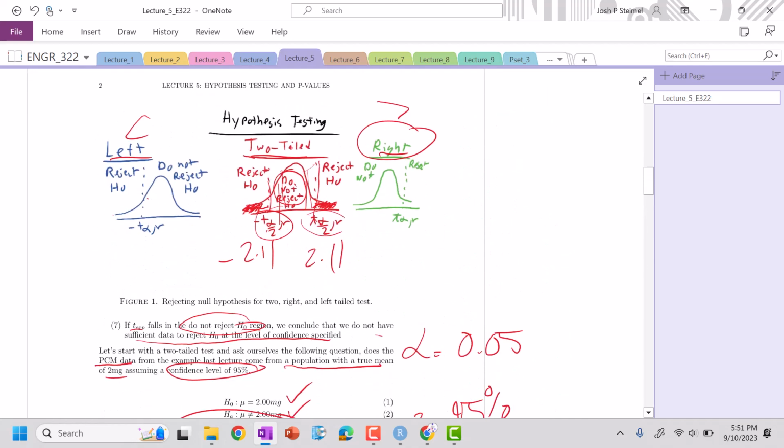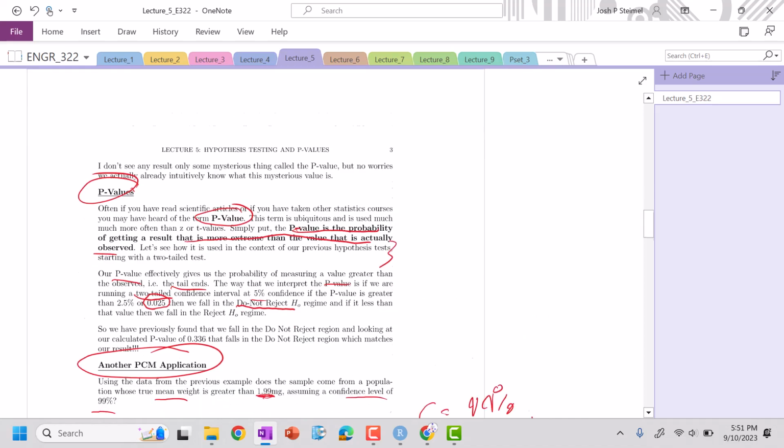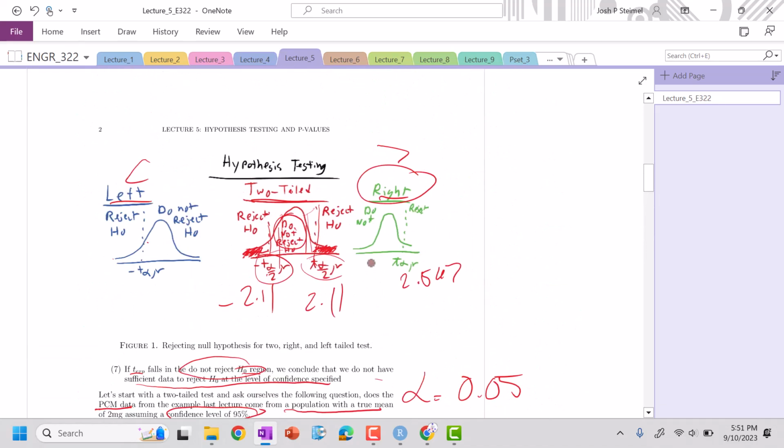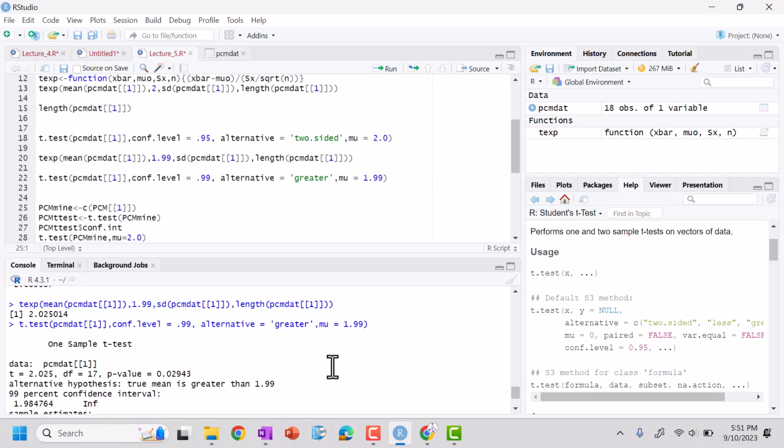Let's look at our right tail test. 2.567, we see over here. Where is our experimental value? 2.025. So we should be in the do not reject region. Does that match with our value here?